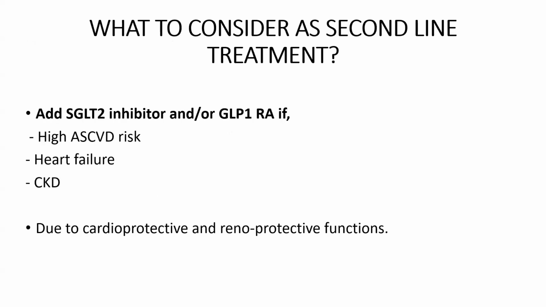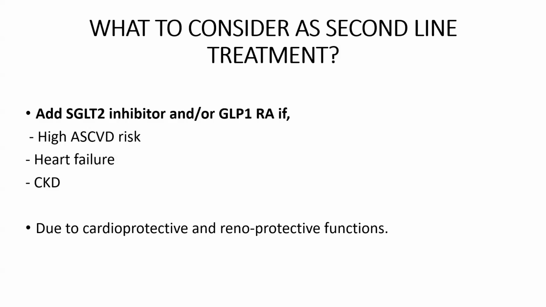So when we consider intensification, what do we consider as the second line treatment? The latest guidelines say that if the patient has a high atherosclerotic CVD risk, or has heart failure, or is suffering from CKD, it's best to start the patient on an SGLT2 inhibitor or a GLP-1 receptor agonist. But here in Sri Lanka, GLP-1 receptor agonists are not readily available.